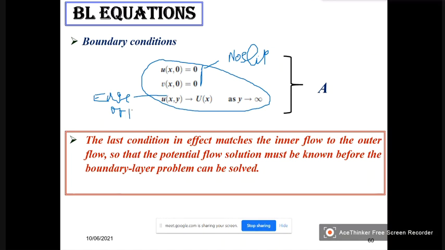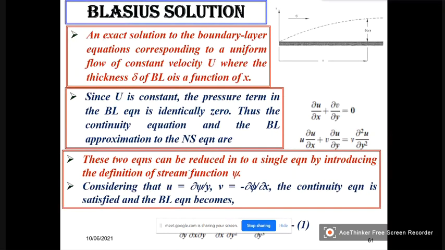That means this connects the flow within the boundary layer and outside the boundary layer. This is at the interface. So let us proceed to its solution, which was given for the first time by Blasius.